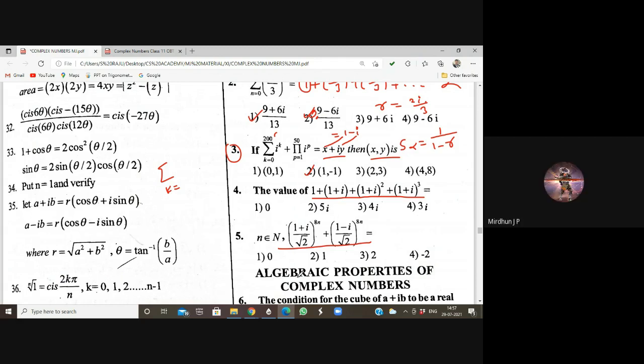Sir, 1 plus iota the whole cube? Yeah, the fourth one is the second option or the third option?